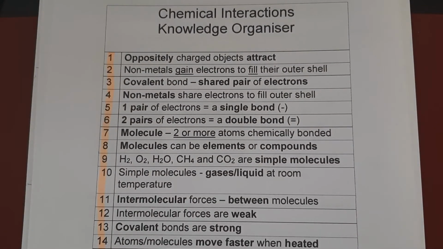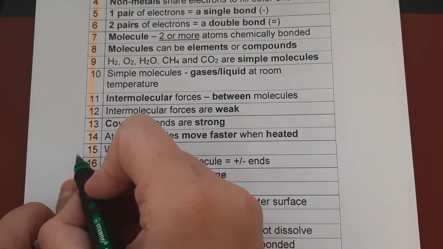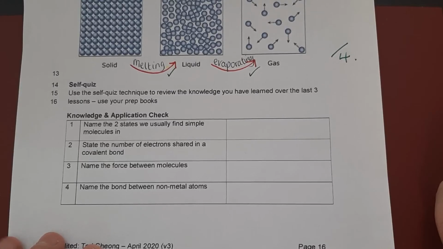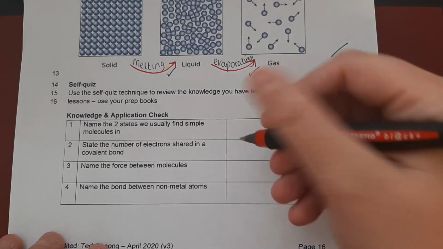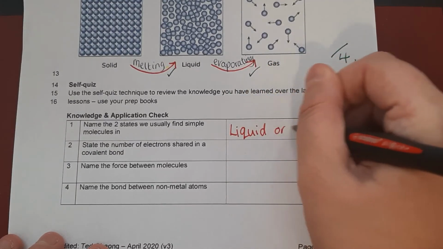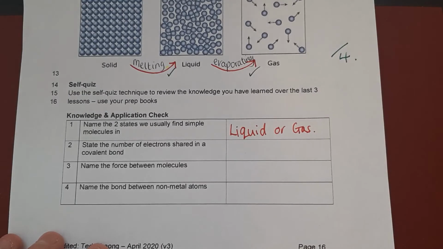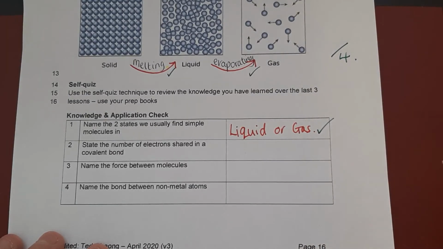So far we have done all the way up to number 15. Question 1. Name the two states we usually find simple molecules in. We usually find simple molecules in the liquid or gas state. Make sure you use a pen in a different colour to mark or correct your answers.